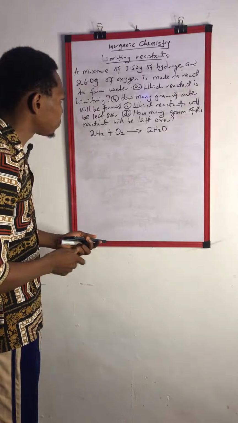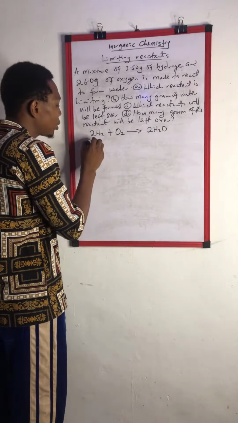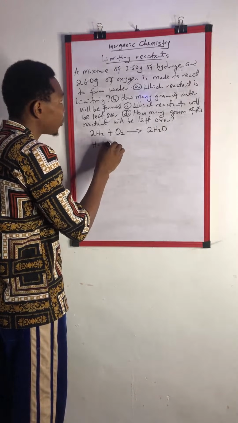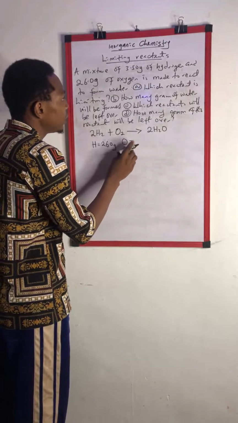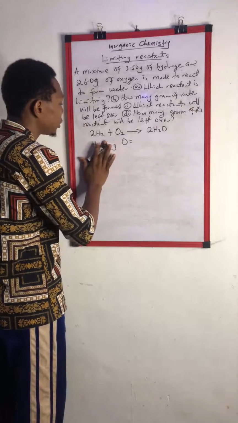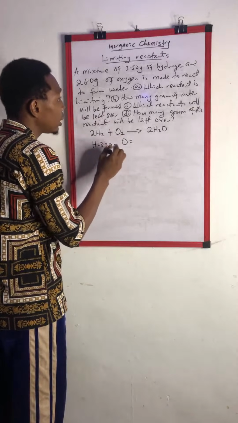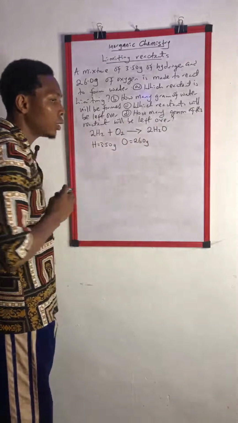We are given the mass of hydrogen to be 3.50 gram and the mass of oxygen 26.0 gram.